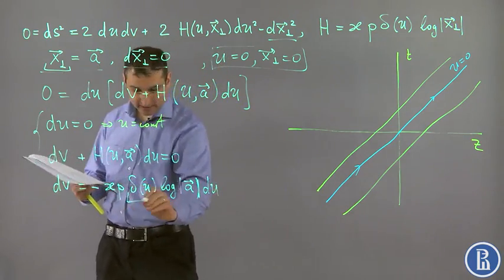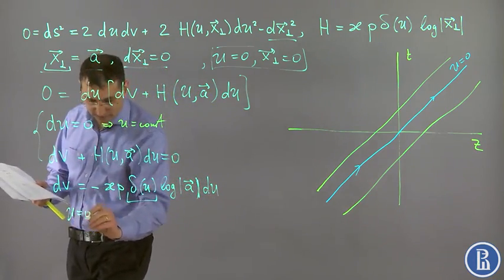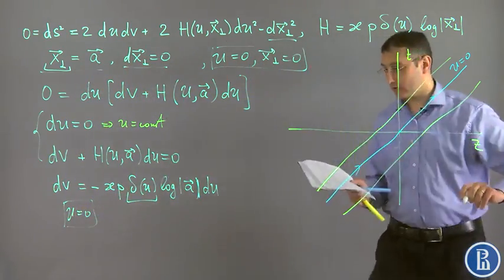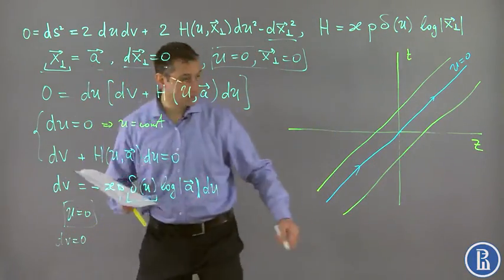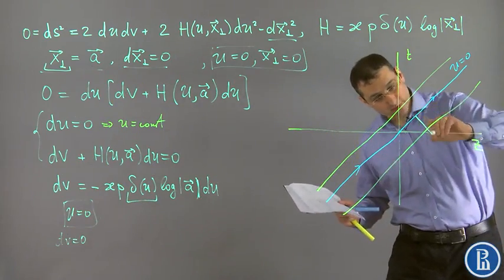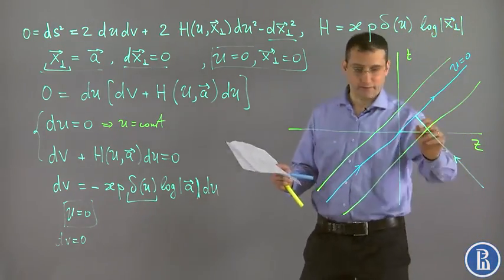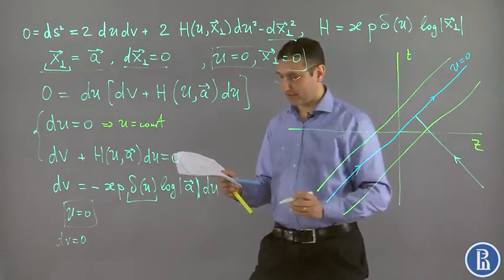So because of this delta function, before u equal to 0, before this point, the wave travels according to v equals to constant, according to dv equals to 0. So it travels like this. No, not the wave, the particle. The geodesic of the light-like particle is like this.